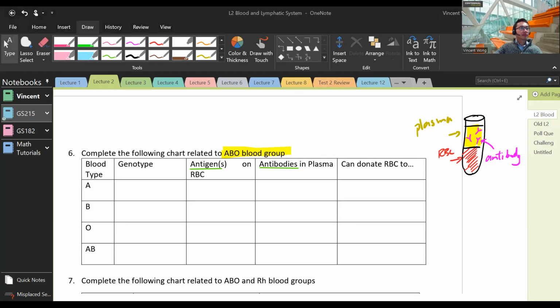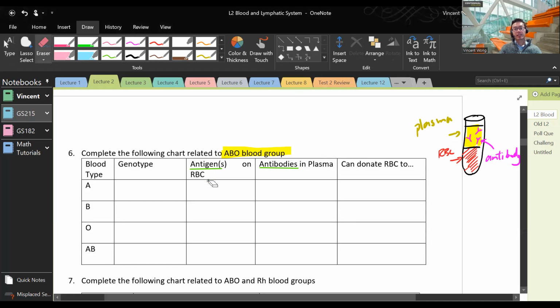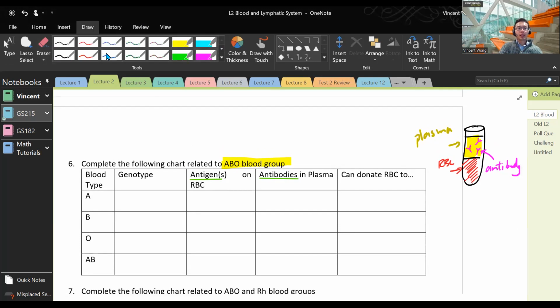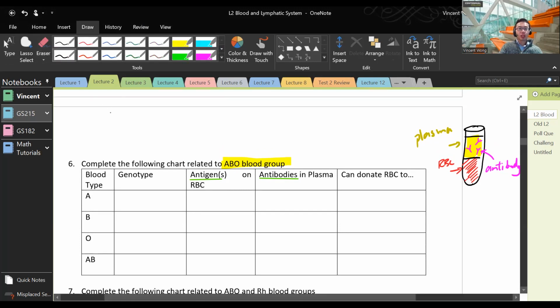Yeah, the only difference I can make is that the antibody is found in the plasma and the antigen is found in the red blood cell. That is correct. Okay, that is correct. The antibodies, you find them in the plasma, and the antigens, you will find them on RBC. We can find antigens on any cells, actually. But for the purpose of blood group, we are talking about the antigen specifically that is on the RBC.